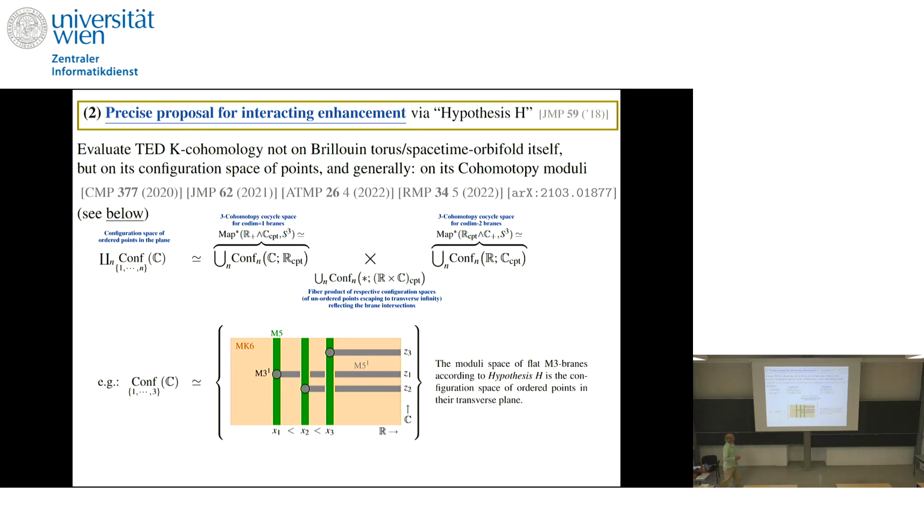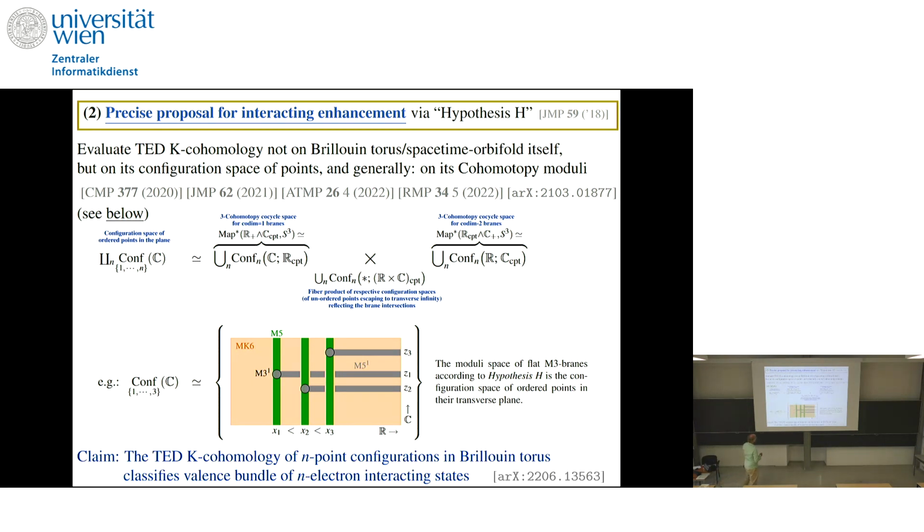And we claim, and it's really a fun exercise, that if you go through these old theorems, and once you have this dictionary to see how cohomotopy classes map to brane charges, you see that such a fiber product of maps into cohomotopy encodes configurations of branes, which can be interpreted as M5 branes intersecting in an MK6, yielding these point configurations, which you can then evaluate your K-theory on.